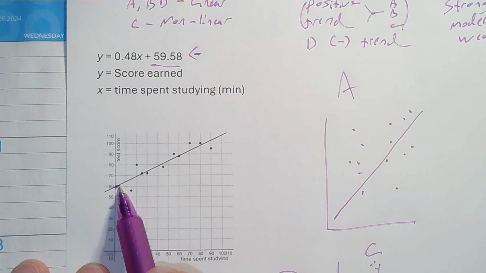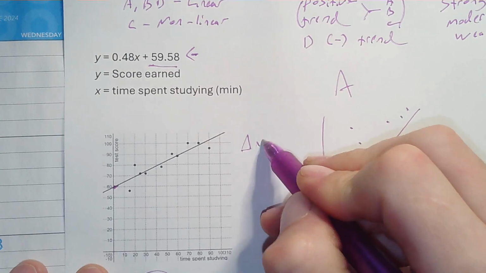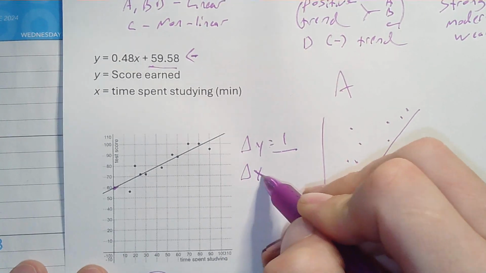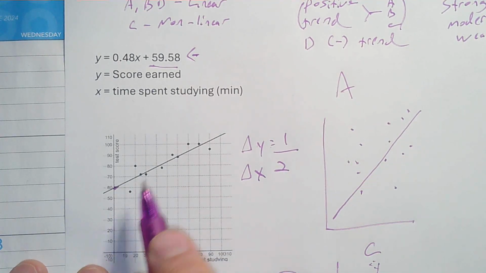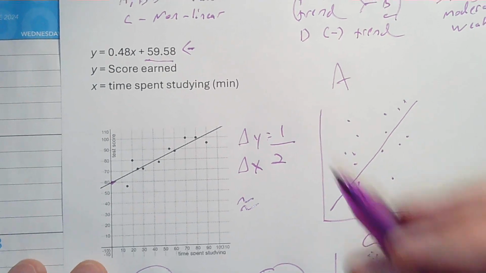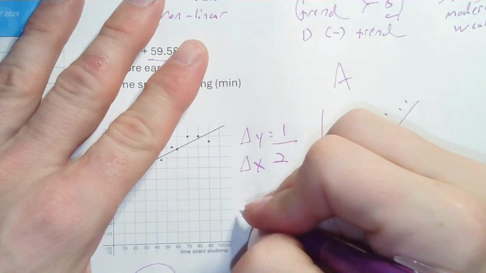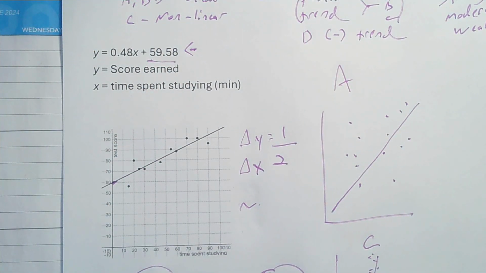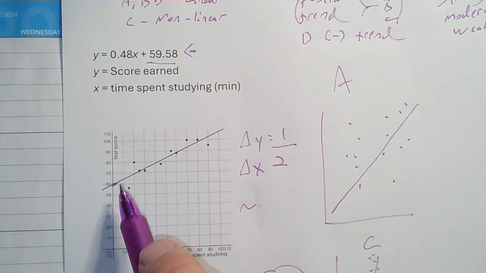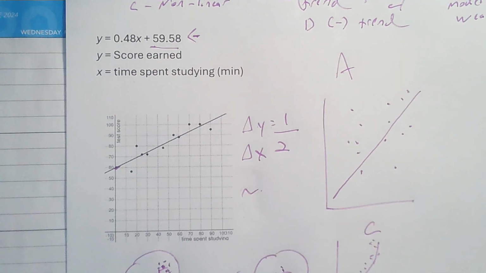So for every change in y, there's about a change in x of about 2, approximately. Or that's congruent, sorry. Congruent is two wavy lines, approximately is one wavy line. So we can say the slope is approximately 1/2.